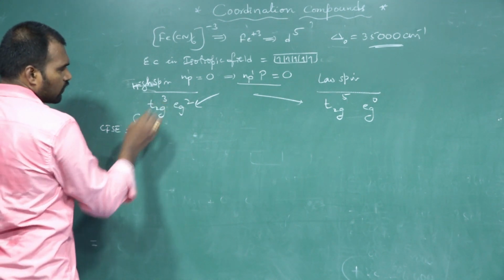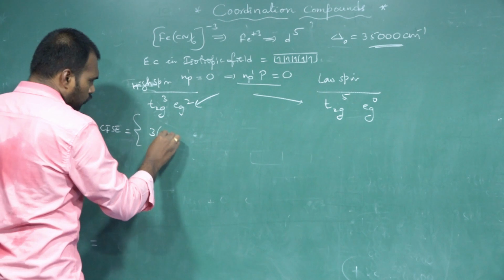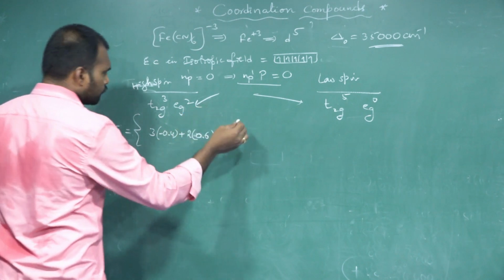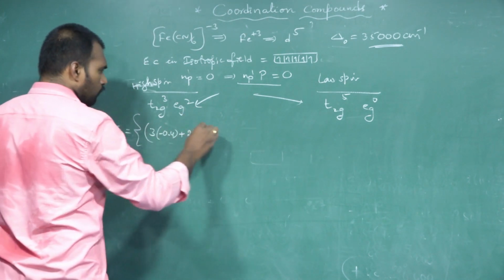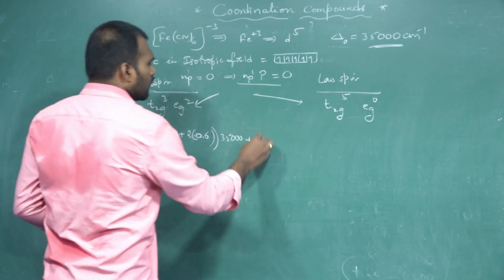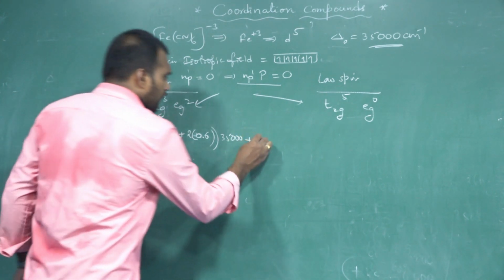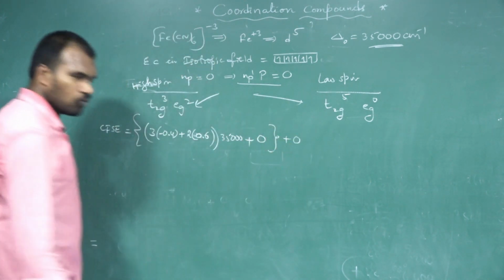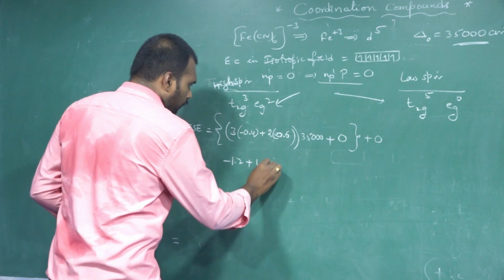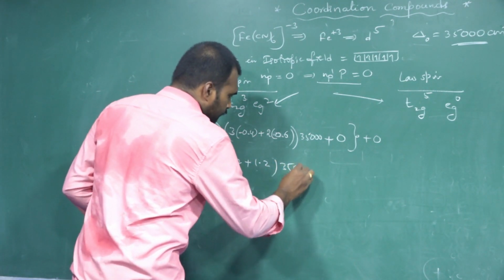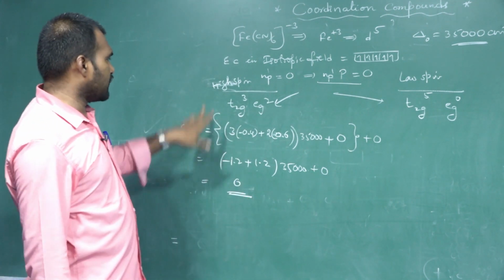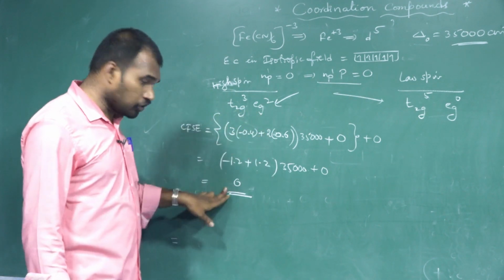The formula: how many electrons in the t2g? 3 electrons. 3 into minus 0.4 plus 2 into 0.6, into the crystal field splitting energy 35,000, plus the number of paired electrons, here 0, and the isotropic field value is also 0. That is minus 1.2 plus 1.2, so both cancel. So the final value is 0. The crystal field stabilization energy for this configuration is 0.